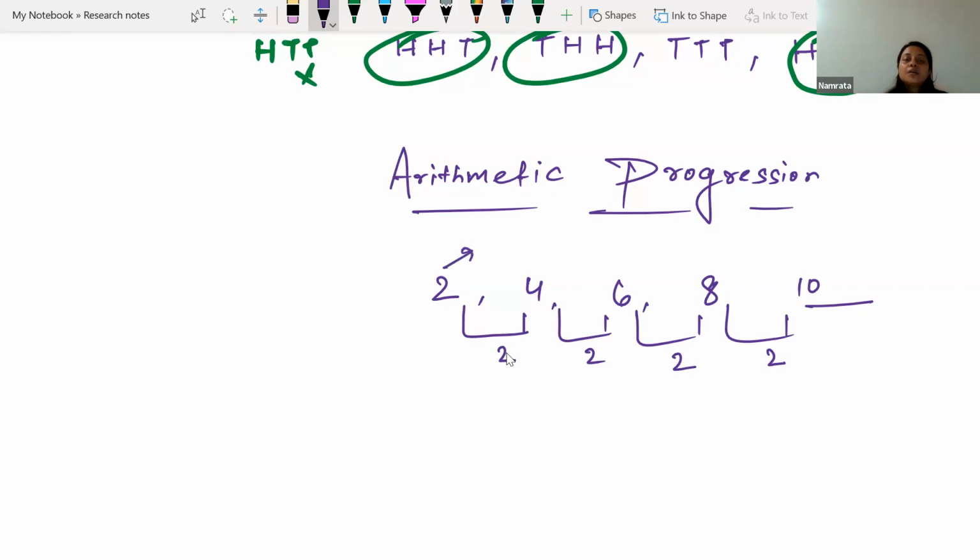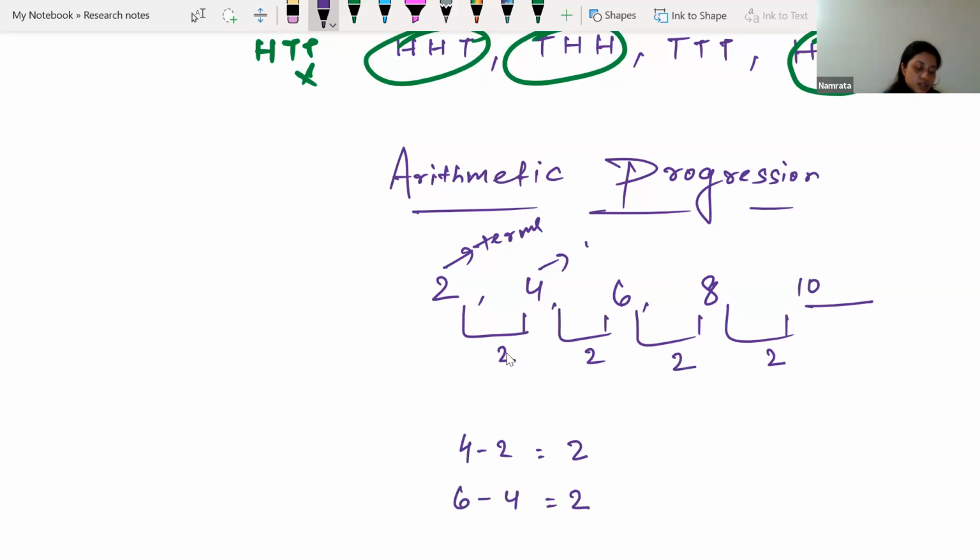These are called terms: first term, second term, third term, fourth term, fifth term, nth term, last term. So this is how the terminology came, and the common difference also came out. What exactly is the common difference? 4 minus 2 is 2, or 6 minus 4. If you focus on the name, it says common difference: there is a common difference between each consecutive pair.